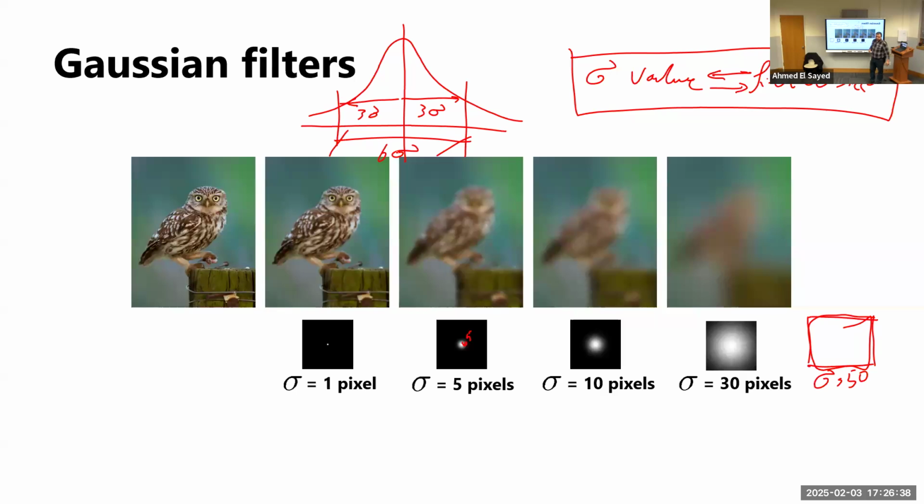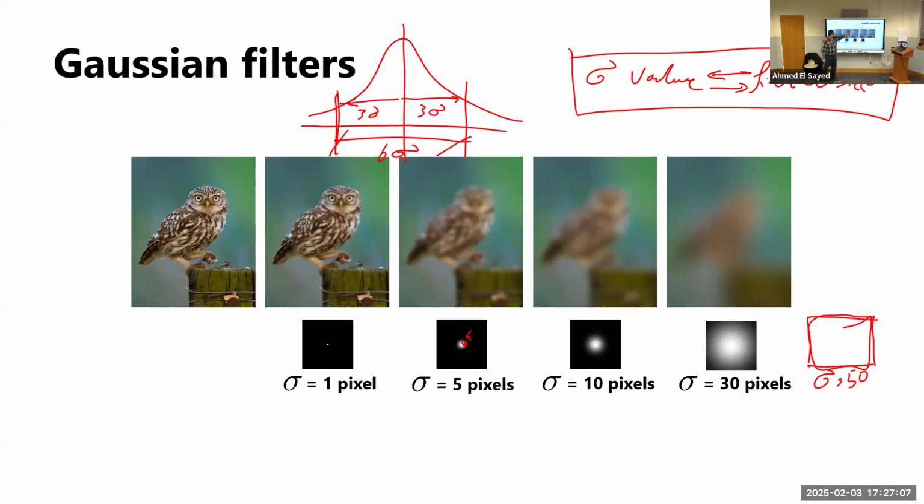Just for your knowledge, the relation between them is the 6 sigma rule. Did anyone hear this word before? 6 sigma? The area under the normal distribution curve with the width of 6 sigma includes 99.9% of the power. So we always try to make the size of the filter bigger than this 6 sigma.